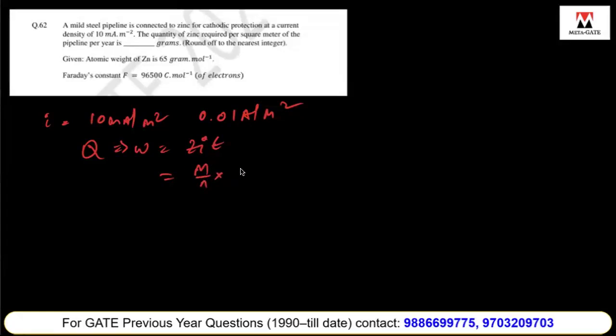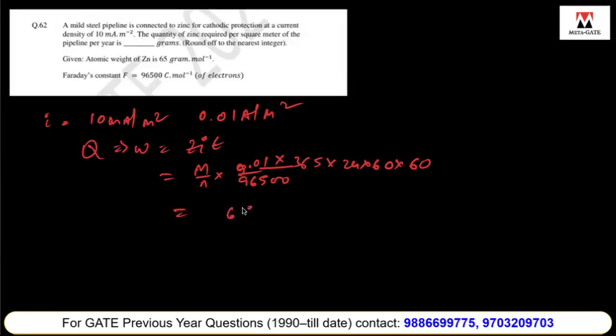Then you get 96,500, and it is 0.01 into time, for 1 year, it is 365 into 24 into 60 into 60, which is equal to, M is given as 65, and n is 2.